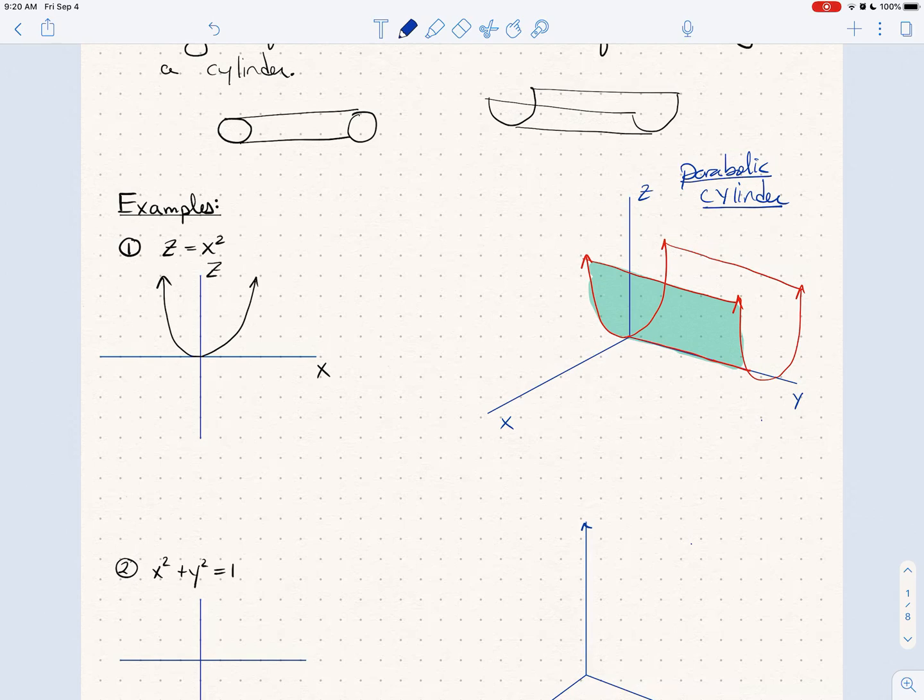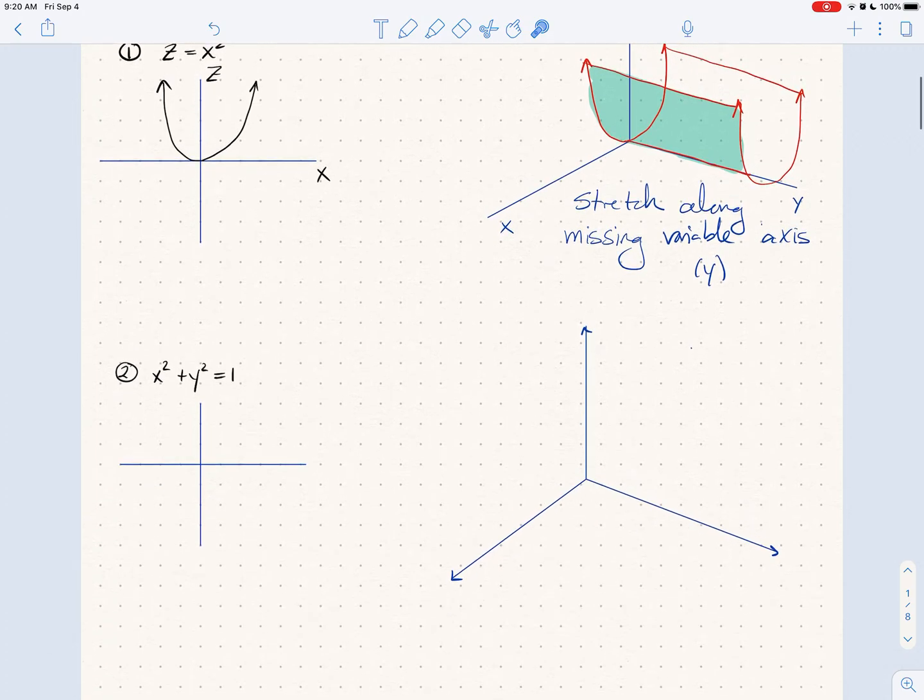Second big takeaway is that you stretch this graph along the missing variable's axis. And in this case, that's the y-axis, because looking back at your equation, there's no y's there. And so whatever the graph is in the xz plane, you're going to stretch it along the y-axis.